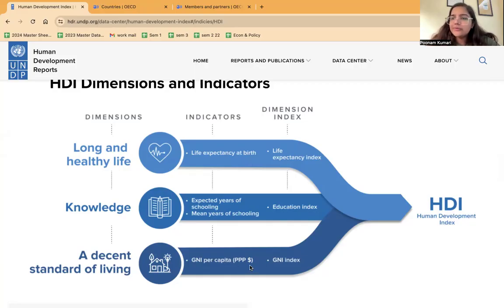By now you must be aware of the PPP criteria. PPP is purchasing power parity. This is done so that you can measure different countries on a similar level, taking into consideration that few countries are expensive, few countries are cheaper, right? So to bring everything onto a level playing field we are using this measure. Based on that we've created a gross national income index.